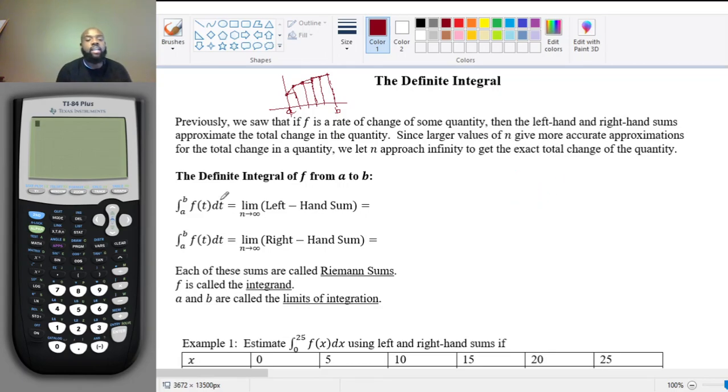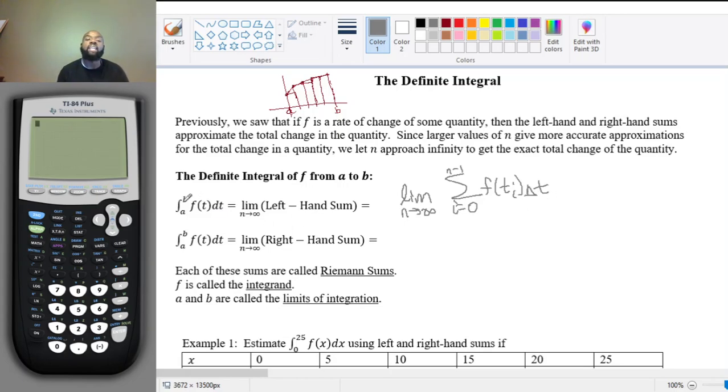But in either case, that is going to be equal to the limit as n approaches infinity. We want the number of rectangles, the number of subintervals we're going to use, to go to infinity. All right. And so another is going to be the limit as n approaches infinity of our left-hand sum. And so if we wrote that out, it's going to look like the limit as n approaches infinity of the sum from i equals 0 to n minus 1 of f of t sub i times delta t, right?